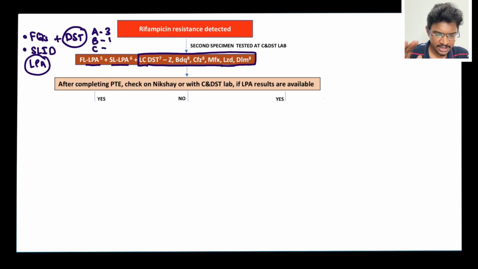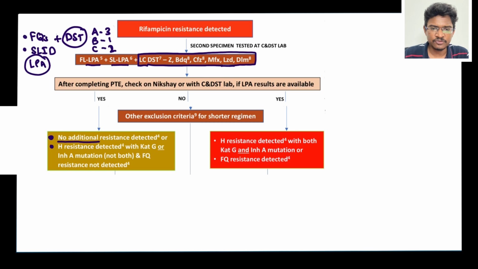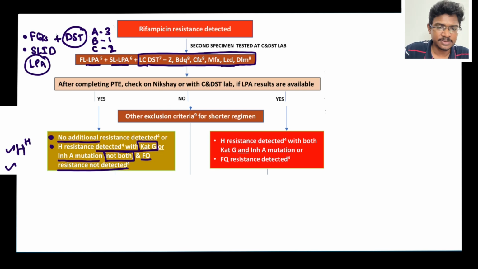Next, in the result, if no additional resistance has been found and isoniazid is resistant with either INHA or KAT-G, but not both. If it is both, even high dose isoniazid is not possible, okay, but not both. And fluoroquinolone is not resistant, fluoroquinolone can be given.